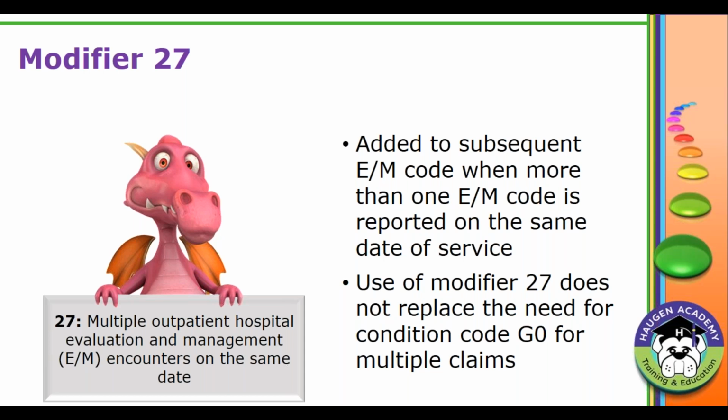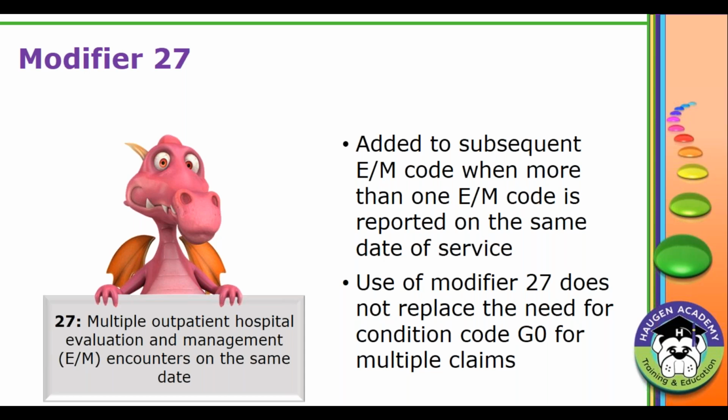So condition code G0, it goes on the UB when you have multiple medical visits that occurred on the same day in the same revenue center, but the visits were distinct and were separate and independent visits. So for example, you have a patient who goes to the ER twice in the same day, once in the morning for a broken arm and later for chest pain. So those are two completely unrelated conditions.